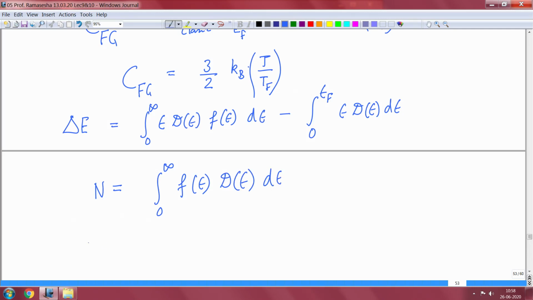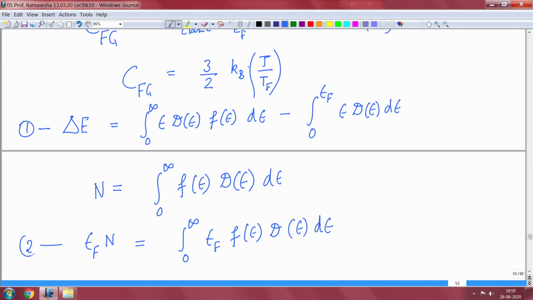I can also write down epsilon_F N, which is equal to the integral from 0 to infinity, where I take epsilon_F inside even though it is a constant, of f of E D of E dE. Now I have two equations, one corresponding to delta E and the other corresponding to N.